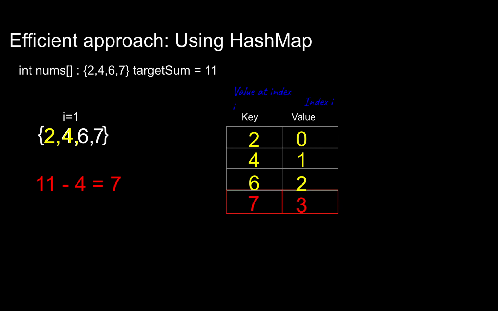Yes, it is. So we retrieve the value at the corresponding key and also we retrieve the value of I from the array, so that we have this output of 1 and 3 indices. Okay, I hope that you all understood this concept. Now let's go to an IDE and write the code.